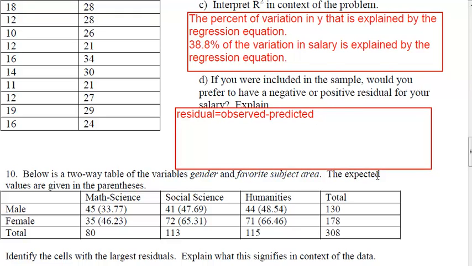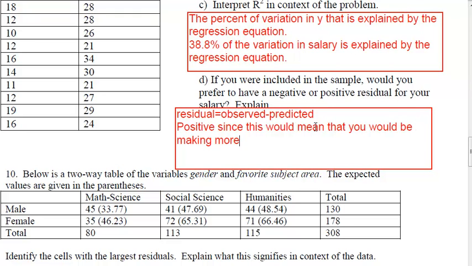I'm assuming that you would want your salary to be larger than predicted. And so if your observed is larger than your predicted, you would have a positive residual. So the answer would be positive, since this would mean that you would be making more than predicted by the regression line or equation.